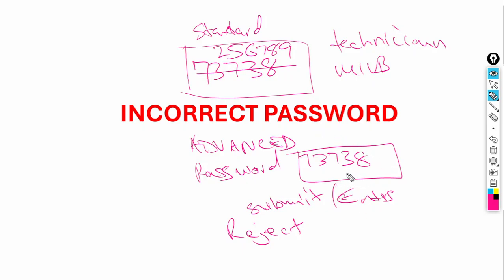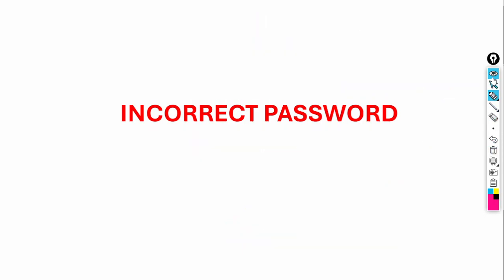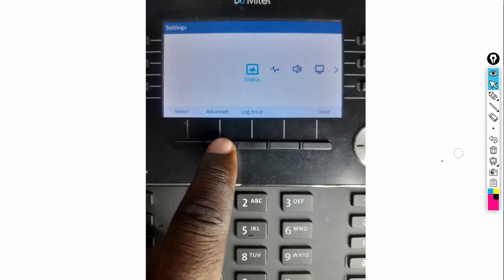So in that case, the phone will not log us in onto the advanced settings. Then we have to go back onto My Voice business, onto the security management, and reconfirm our password by retyping it as 73738. Let us go ahead and see a demonstration of this happening.